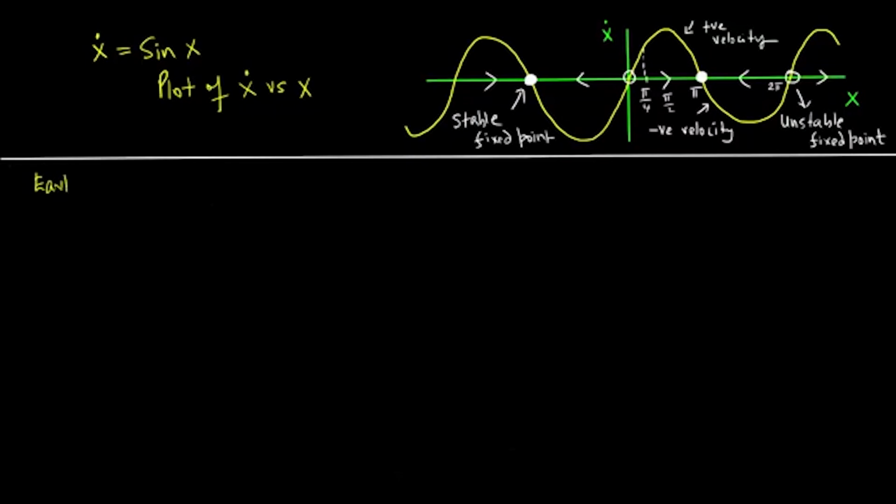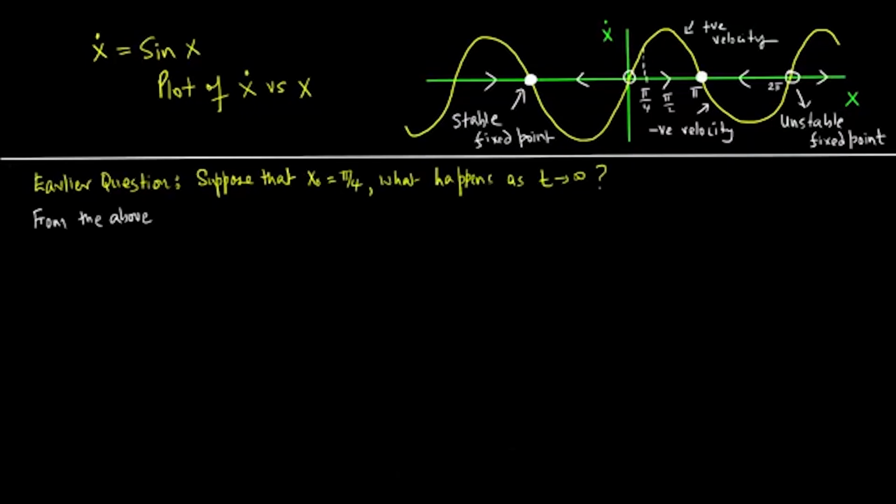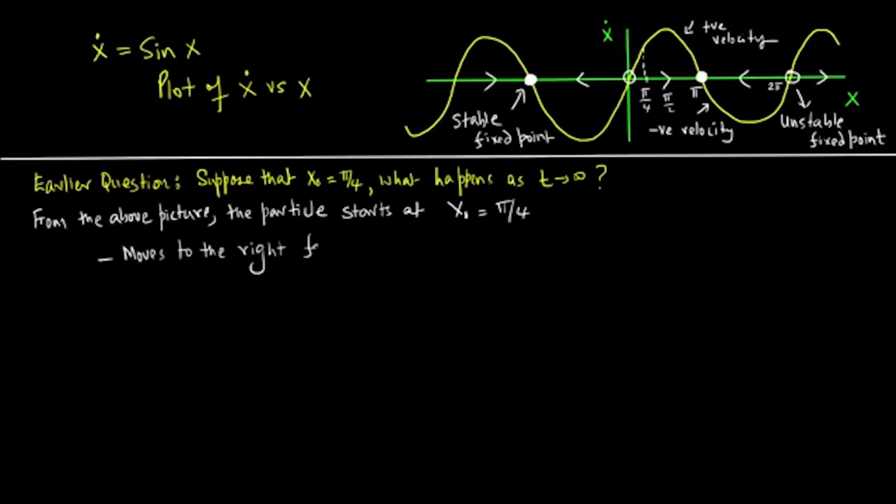Now recall the earlier question. Suppose that x naught is equal to pi on 4, then what really happens as t tends to infinity? Now from the above picture, the particle starts at x naught is equal to pi on 4 and then moves to the right faster and faster until it crosses x is equal to pi on 2.